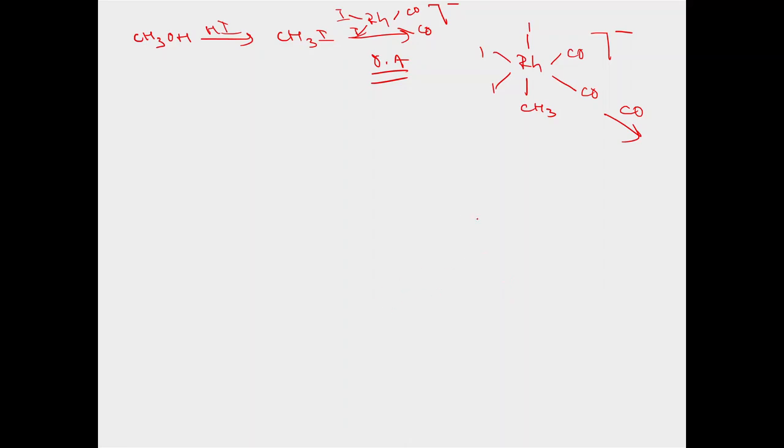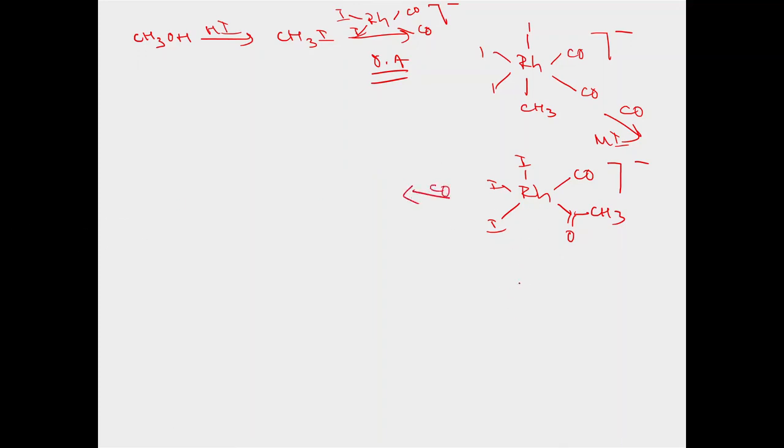So what happened initially, migratory insertion took place, as a carbonyl ligand is present and a CH3 type of ligand can insert into the carbonyl ligand, and we will get COCH3. So in the first step this is taking place. This will also have an overall charge of minus, and then this CO ligand.